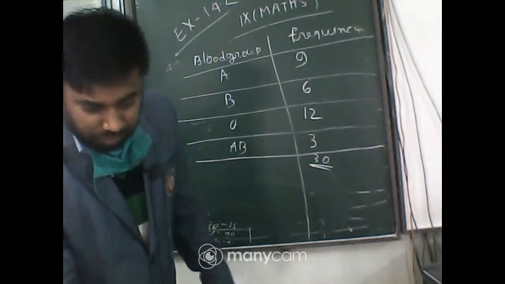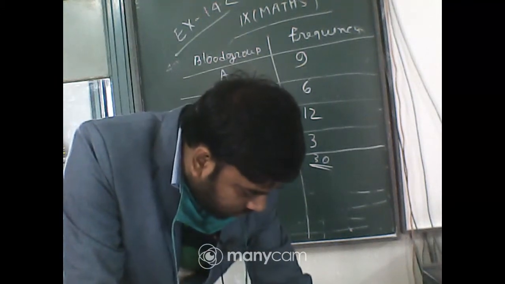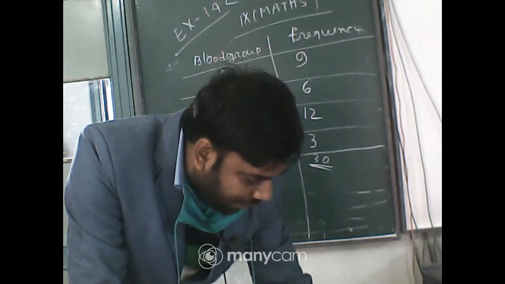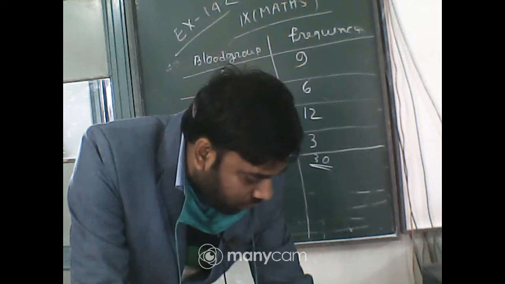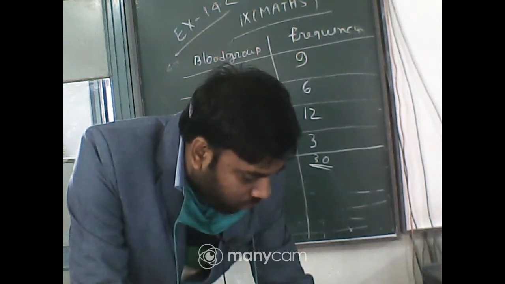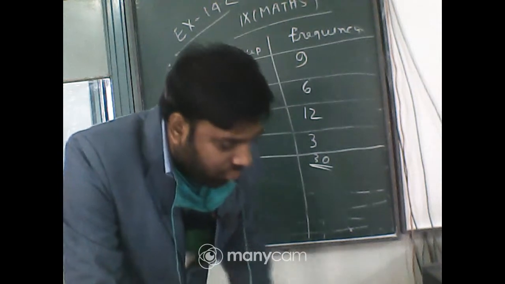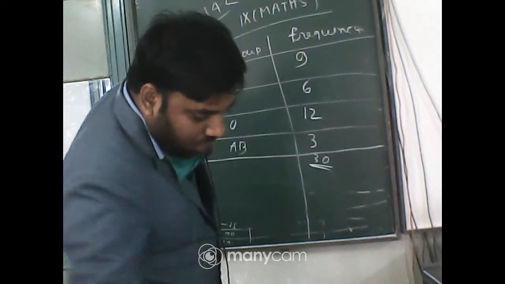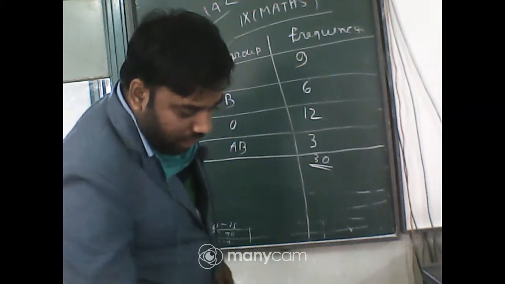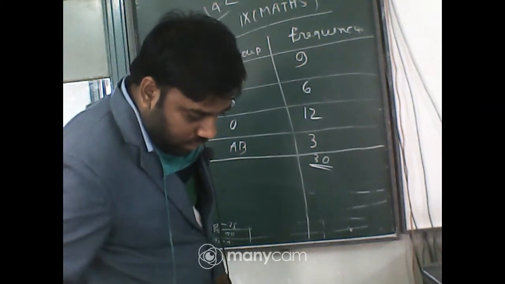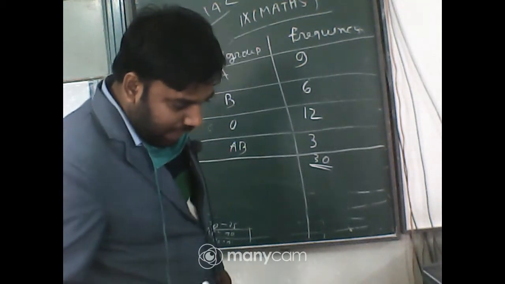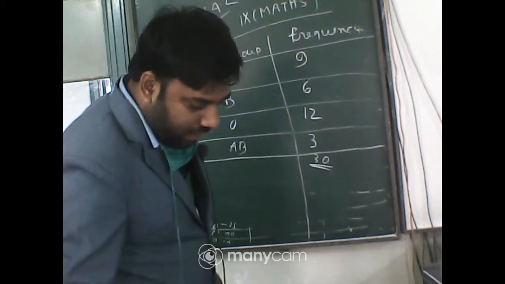Okay, next. The distances in kilometers of 40 engineers from their residence to their place of work were found as follows: 5 kilometers, 3 kilometers, 10, 20. Construct a grouped frequency distribution table. Class size is 5, taking the first interval 0 to 5.